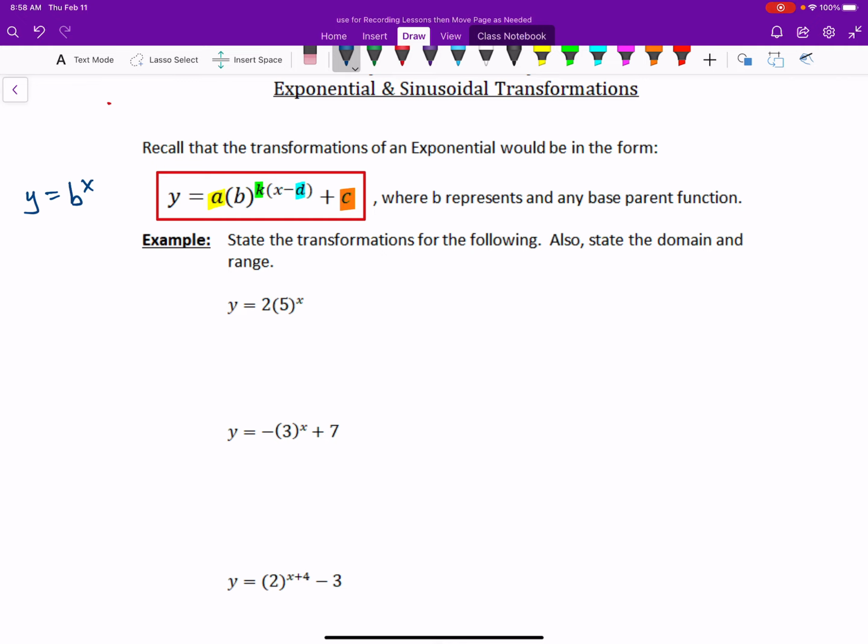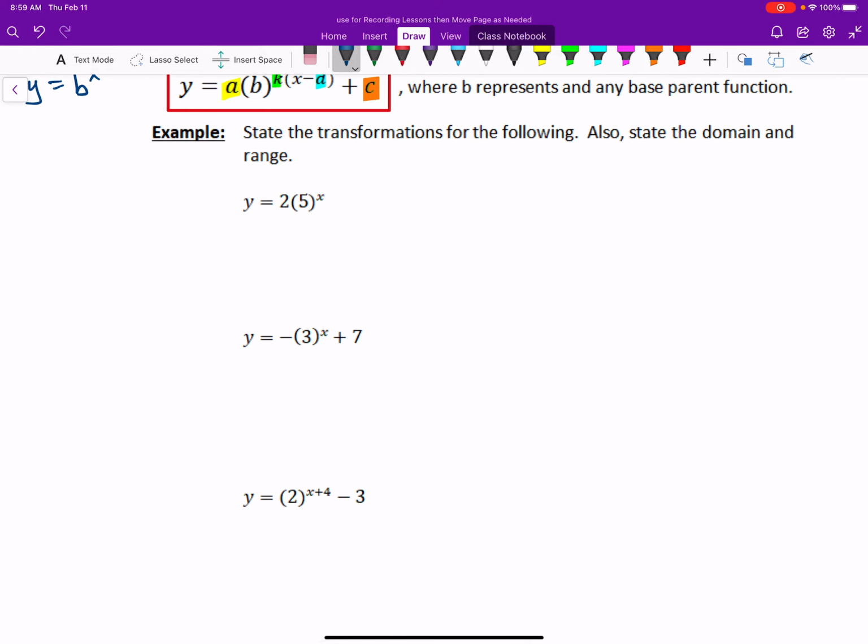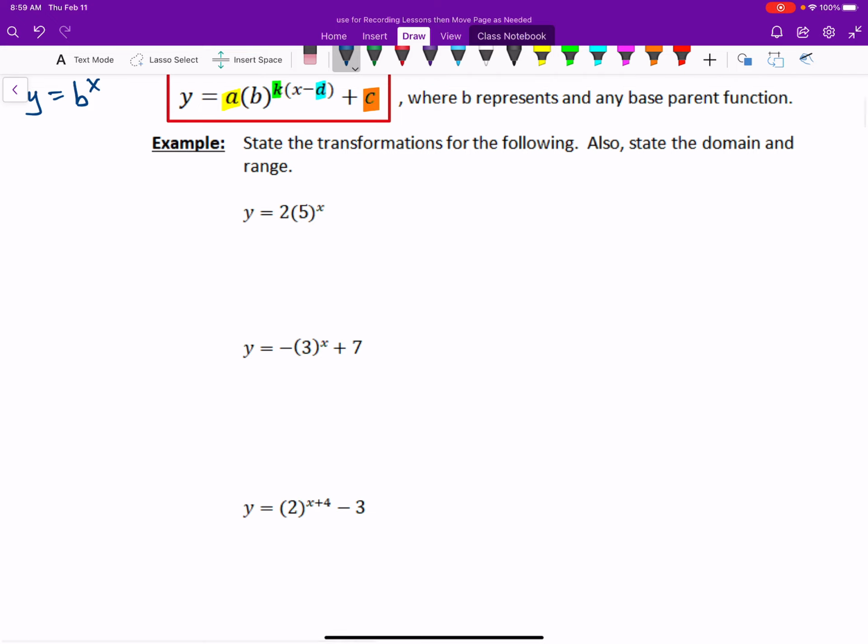So I look where different numbers are in a function to decide if they're a, k, d, or c. In this case, for the first example, we can see that it's got a base of 5, right? So the number that the exponent is on is our base.